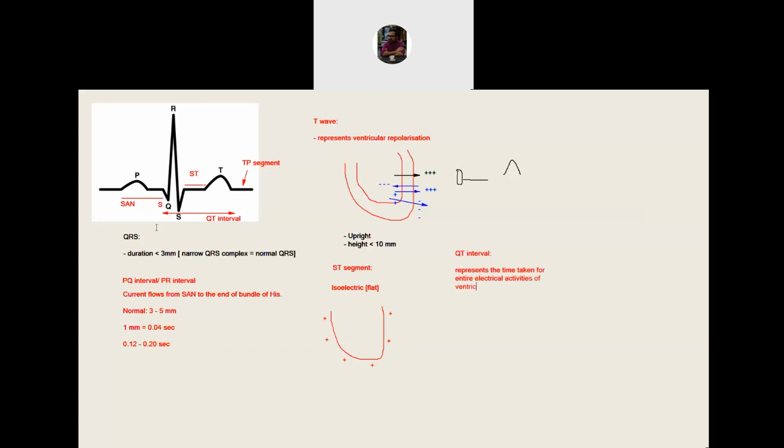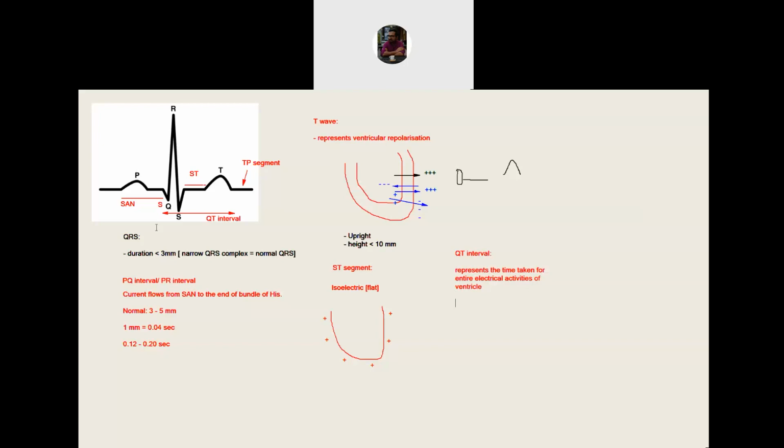So all electrical activities of the ventricle happen in the QT interval, which means if there is any defect in conduction of electricity, then the QT interval will become prolonged. The problem can lie in the bundle branches, the myocardium, the Purkinje fibers. So problem can lie anywhere. But whenever there is a delay in conduction of electricity in the ventricle, this will cause QT interval prolongation.